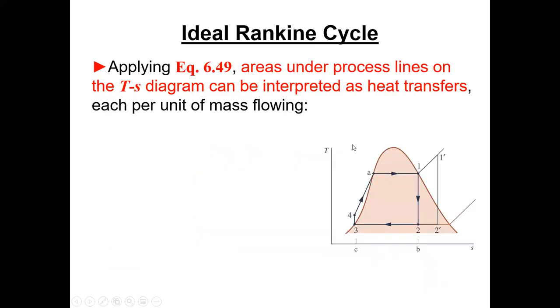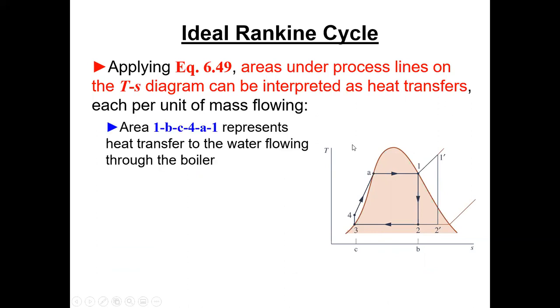Okay, so applying equation 6.49, areas under the process lines on the T-s diagram can be interpreted as heat transfer. This is for the ideal Rankine cycle only. So we have the area representation on the T-s diagram. For example, if we want to look at heat transfer for the water flowing through the boiler, we can look at area 1-b-c-4-a-1. So that's the shaded area.